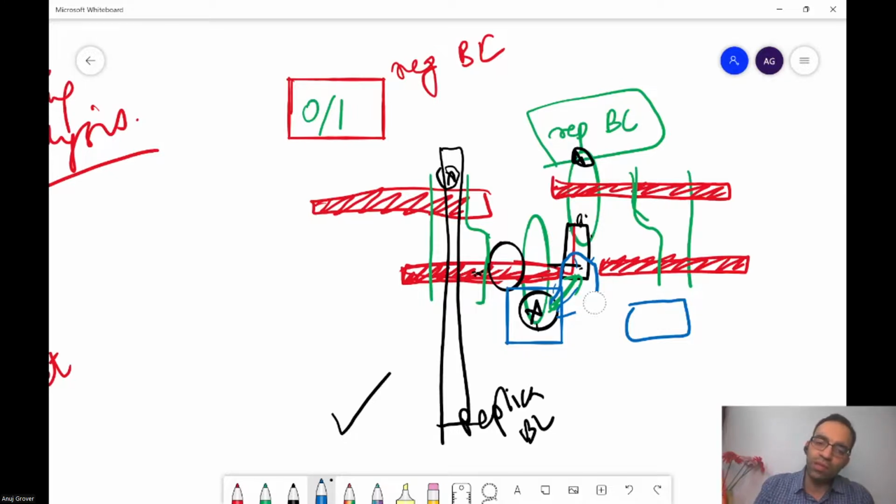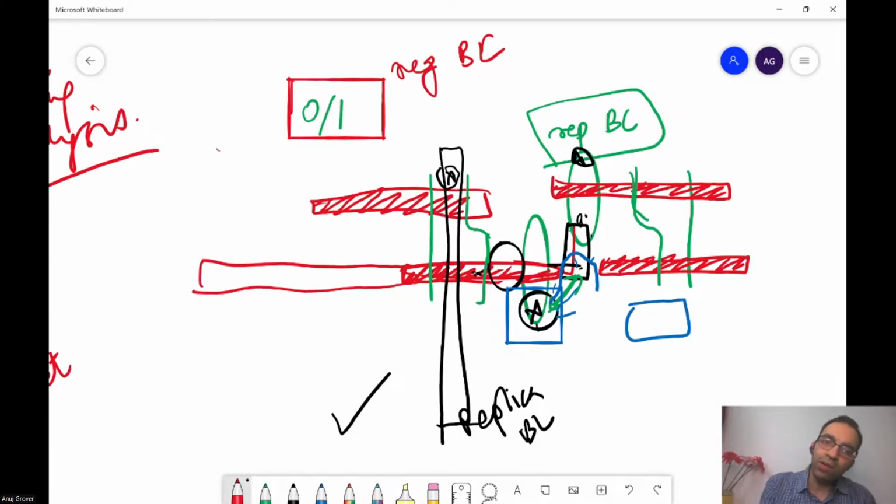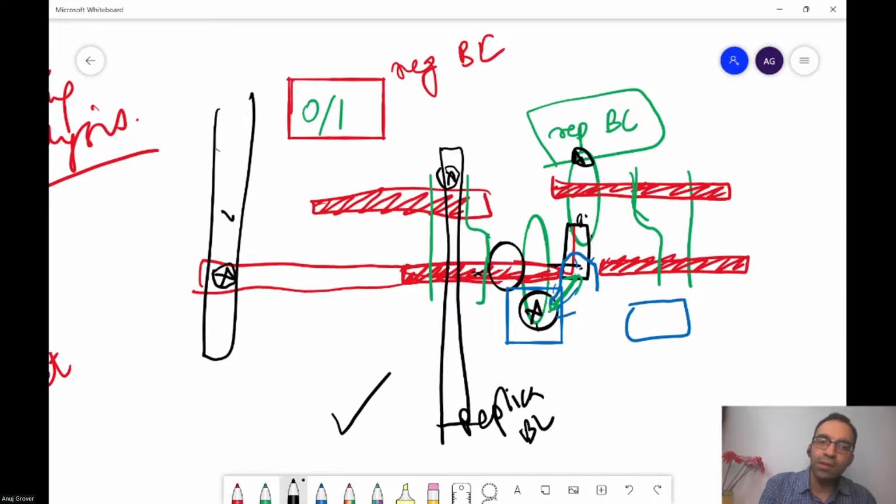So what is therefore done is, typically this poly is pulled out, it's stretched out. Okay, and over here a vertical line is run, which could be metal 1 or metal 2, and a contact is dropped so that this node becomes VDD for all practical purposes.